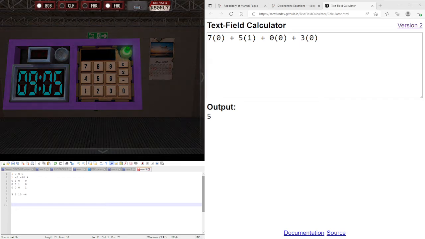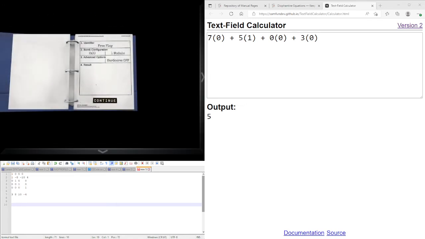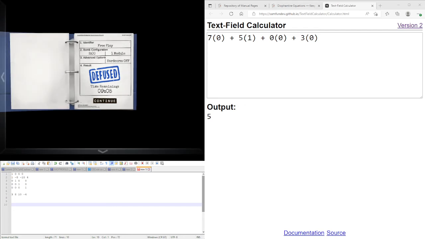So hopefully you now understand how Diophantine equations work. I had a very simple example there, but do be warned, if you don't have a coefficient of 1, the calculations might be slightly more difficult, because you might have different values, but it's going to be the same thing.